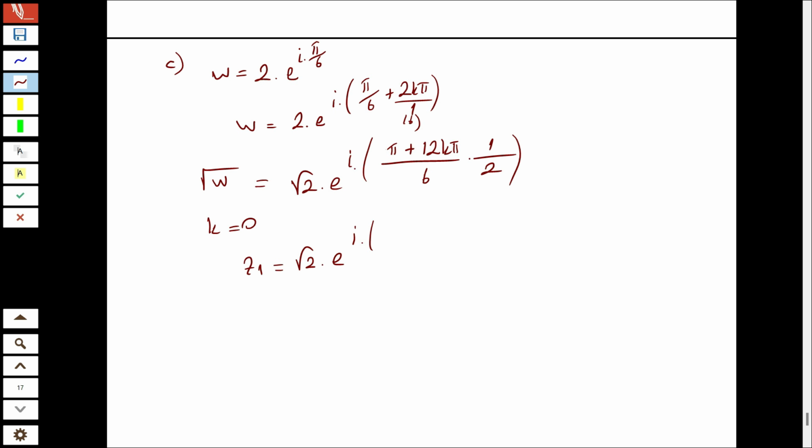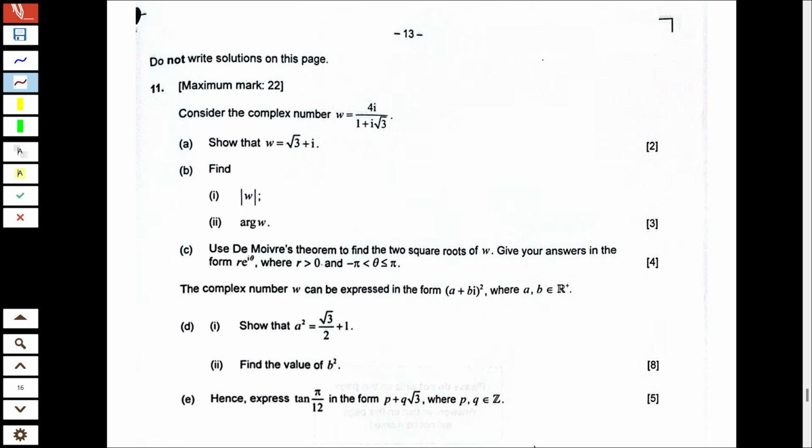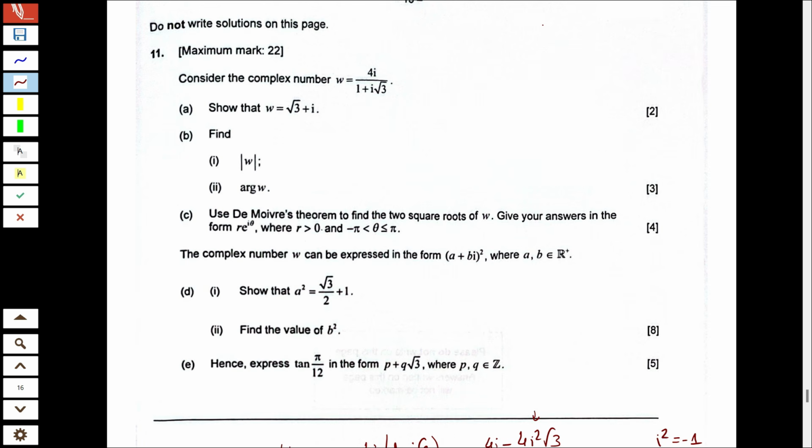So in this case, the first root will be pi over 12, and the second root will be square root of 2 times e to the power of i times, when we let k equal 1, it will be 13 pi over 12, but we know that the angle of this complex number should be between minus pi and pi.